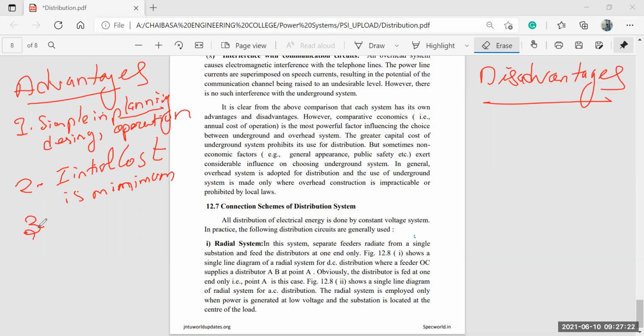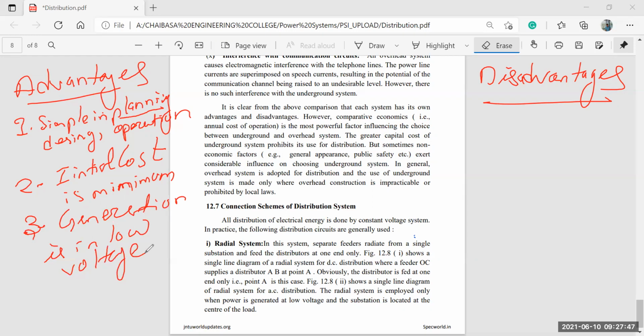Another advantage is that it is very useful when generation is at low voltage. We consider that generation is at low voltage.